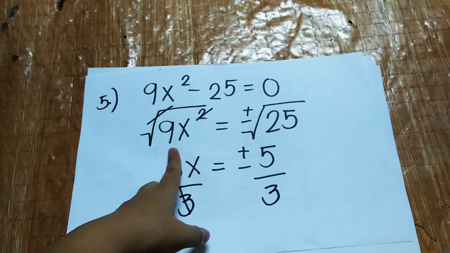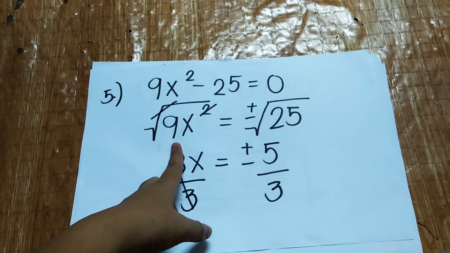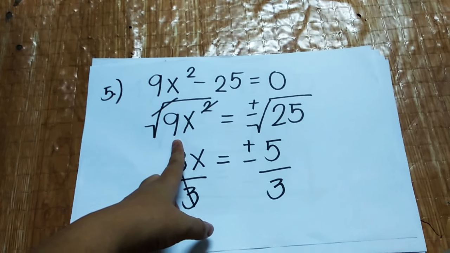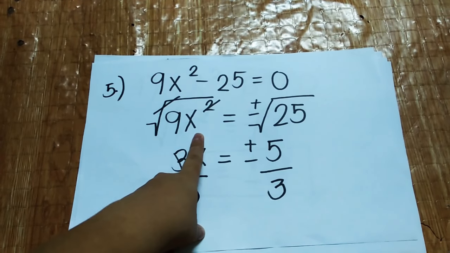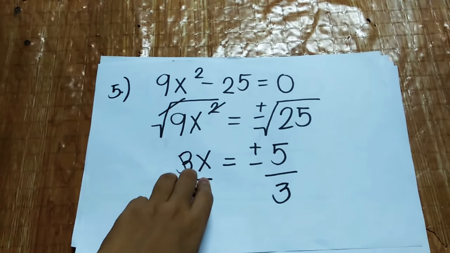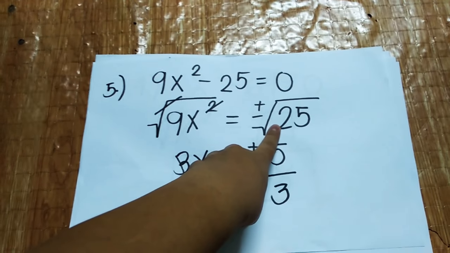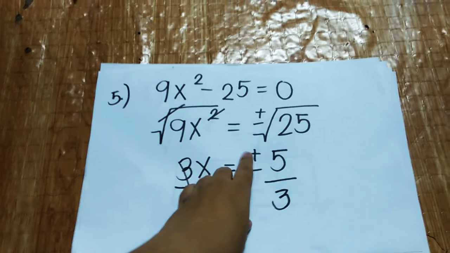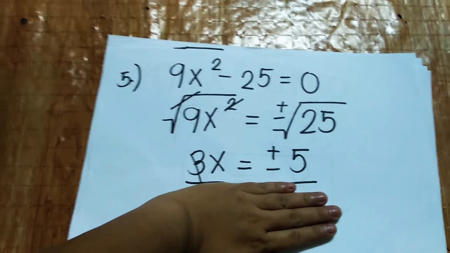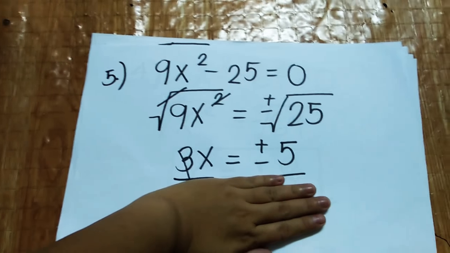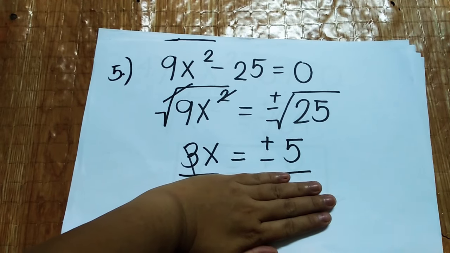Okay, and then, ayan, i-square root na natin si 9x squared. Mapapansin nyo, si 9 ay may square root. Okay? So, pwede natin i-simplify siya. So, square root of 9 is 3. Square root of x squared is x. Then, square root ng 25 is 5. Positive and negative 5. Okay, wala muna yan si 3 kunyari. So, ito na yung sagot natin, di ba? Pero, kailangan makuha lang natin si x.